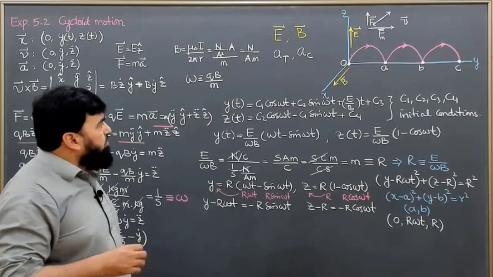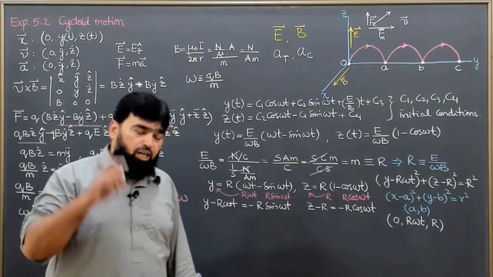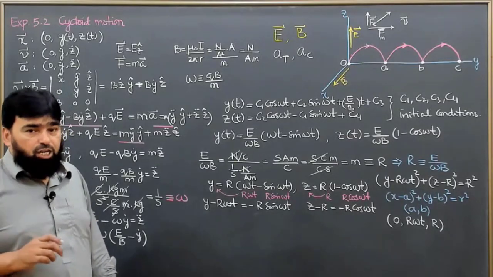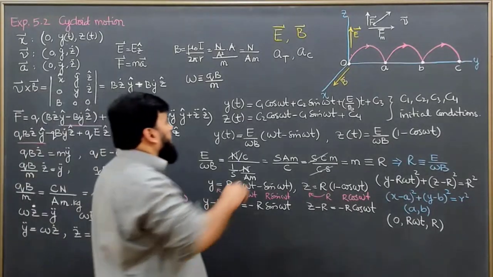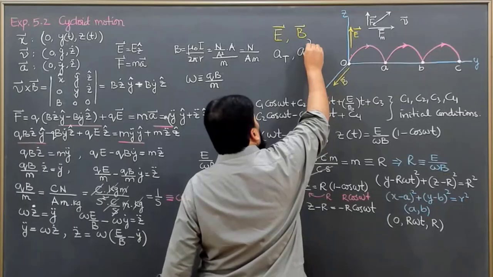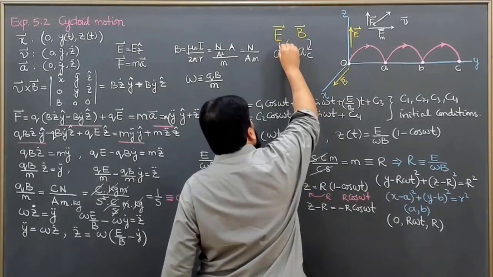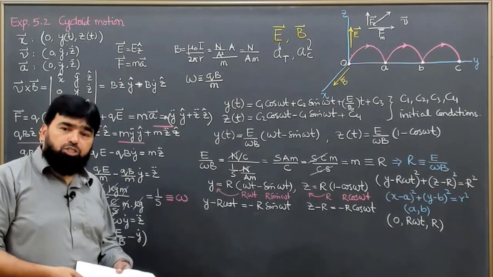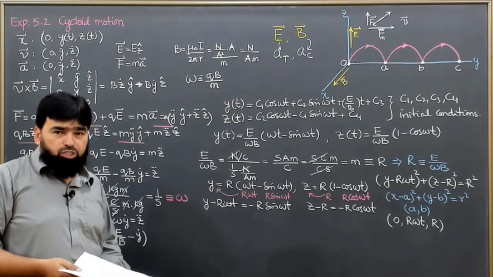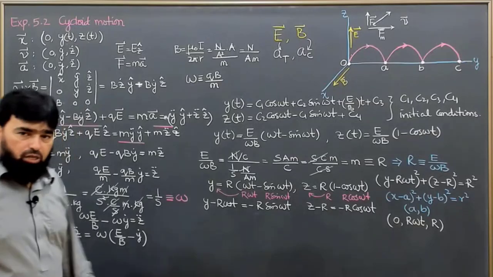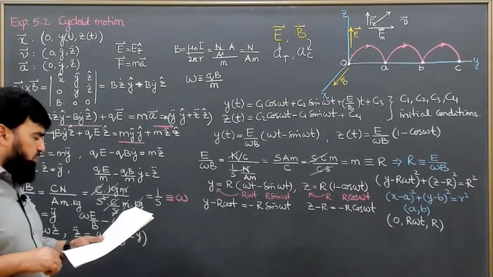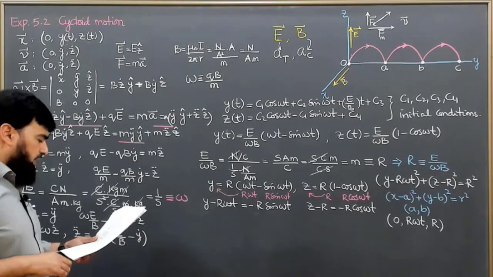So that's why we say the magnetic field cannot accelerate or decelerate a charged particle. Its action is only here, while the electric field acts on the tangential acceleration. It changes the speed of the particle. So that is one thing you will have to keep in mind.